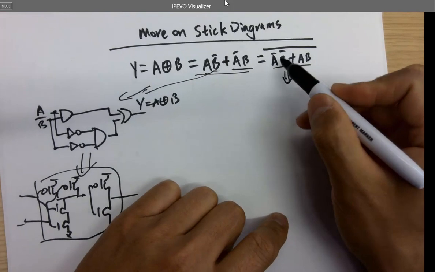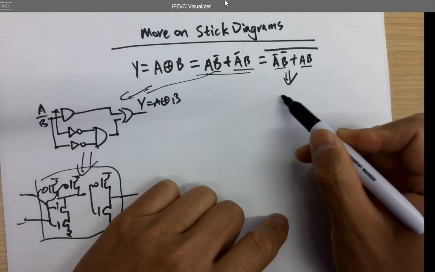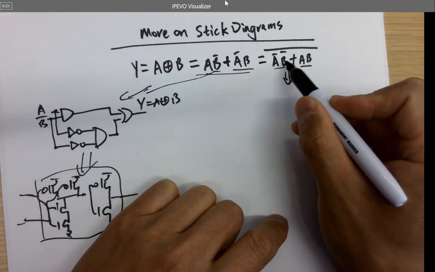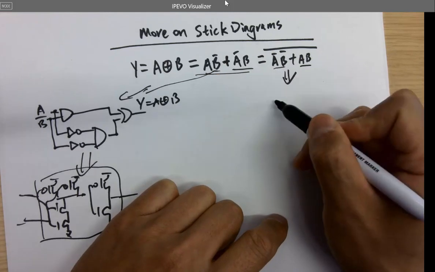And for this block, these blocks are in series, so we are expecting one on the top, one on the bottom. And for each of them, they are an AND logic under the bar, so they should be parallel PMOSes.